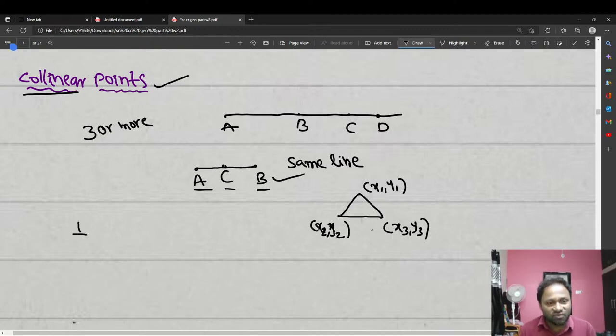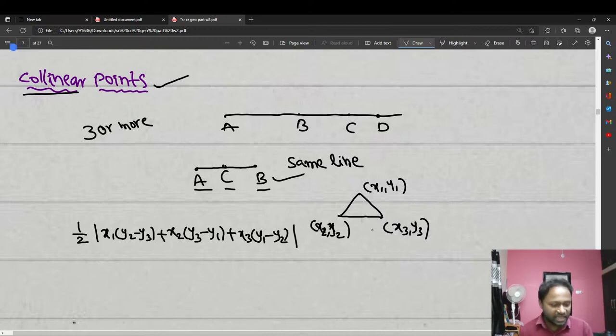Given three vertices x1, y1, x2, y2, and x3, y3, the area of the triangle is half into mod of x1 into (y2 minus y3) plus x2 into (y3 minus y1) plus x3 into (y1 minus y2).